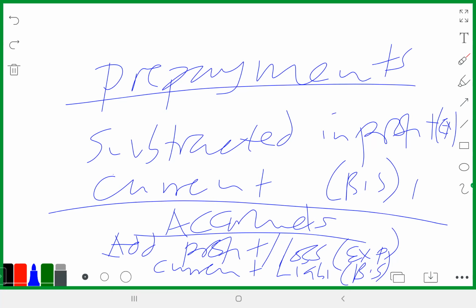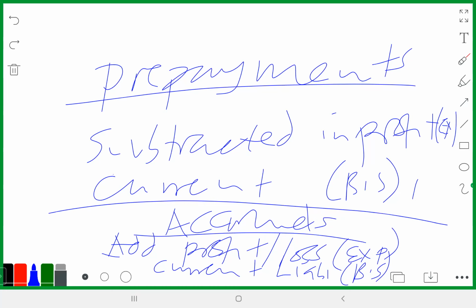As a result, you deduct that from the wages. When it comes to the balance sheet, the prepayments are current assets, therefore they should be written under the current assets.